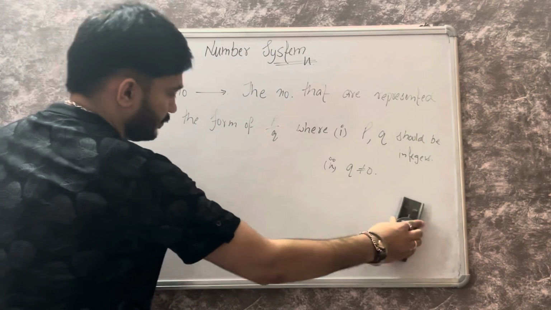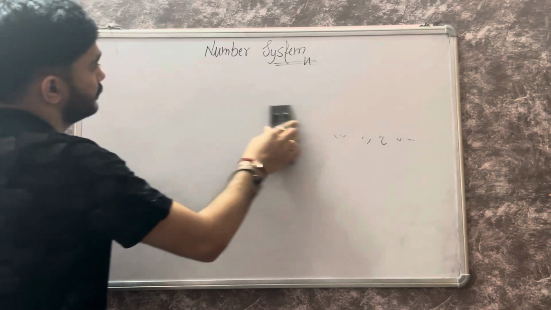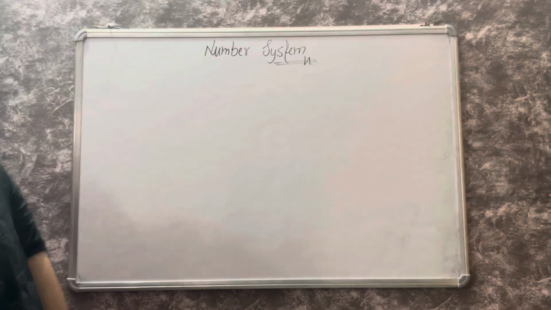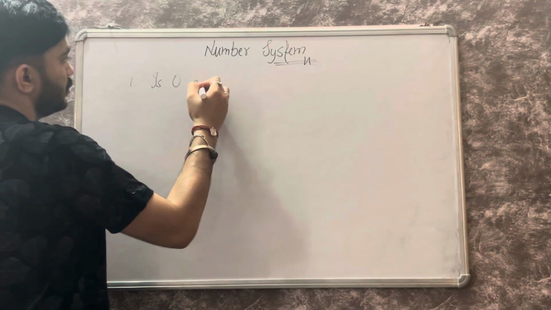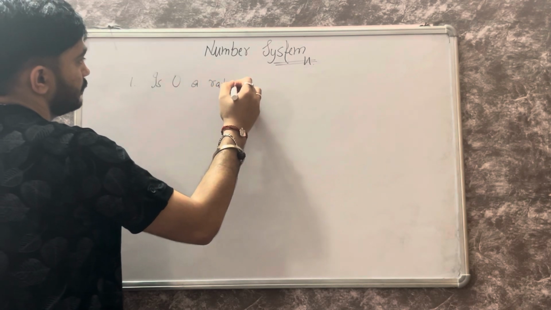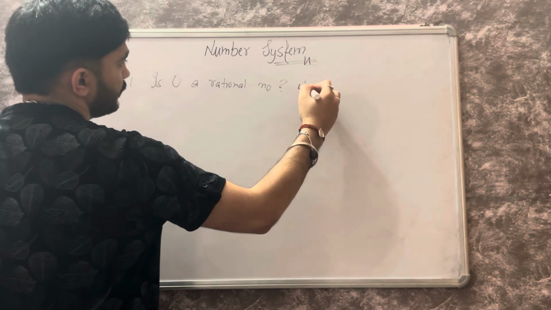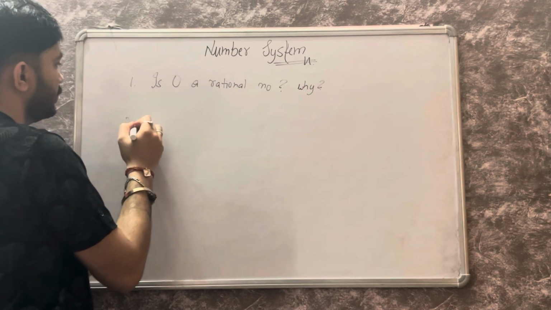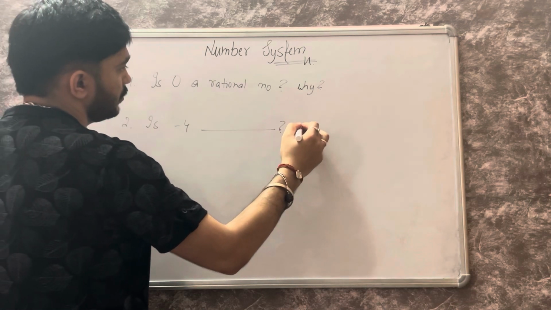Now let us have some questions based on this. The first question is, is 0 a rational number? Why? Second, is minus 4 a rational number?